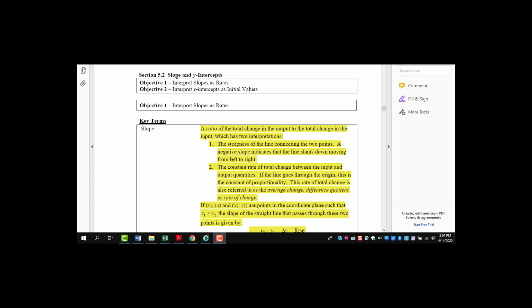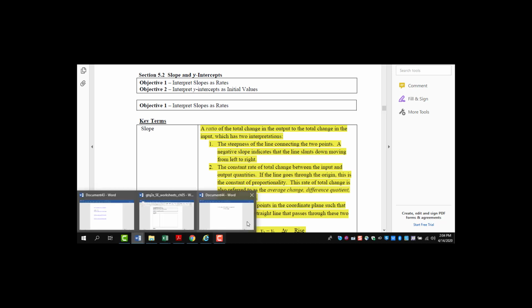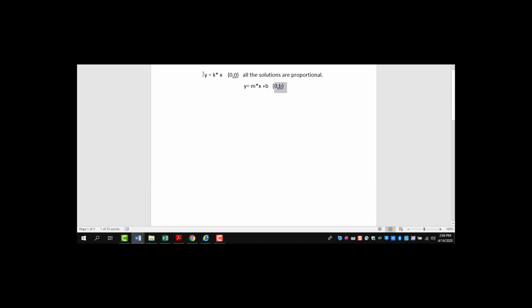Okay, this is 5.2, slope and y-intercepts. Now we're moving in from talking about proportional equations to linear equations of the form y equals mx plus b. Let me explain that a little bit. This is what we use most of the semester, a simple equation where the input times some ratio that we call k is equal to the output.